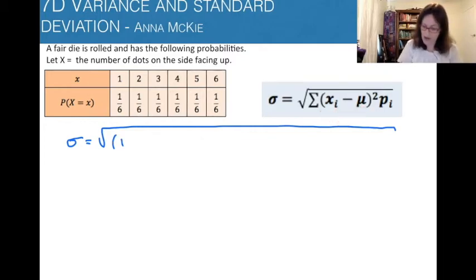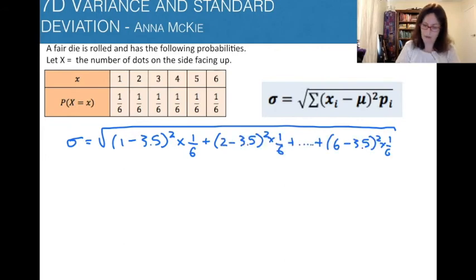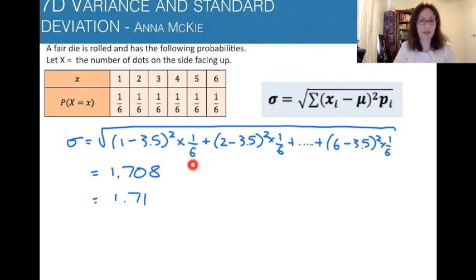So we have 1 and we subtract off the mean, which was 3.5, so the expected value, square that and then times it by the probability of that one happening, which is 1 over 6. Do it for the next number and so on. So that's how that formula is written out by hand, and that gives you the answer of 1.708, or 1.71. So this is showing you what your calculator is doing to get that number.